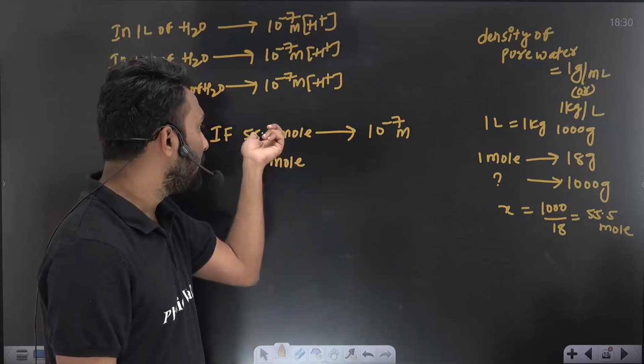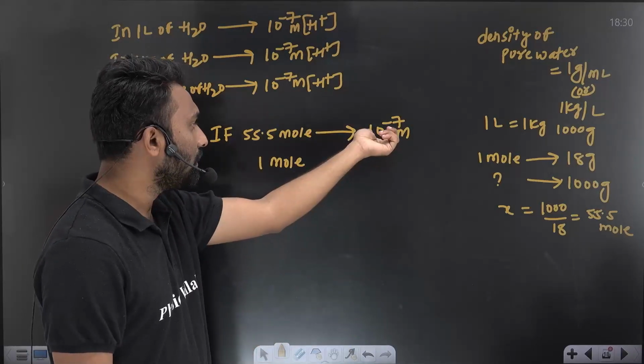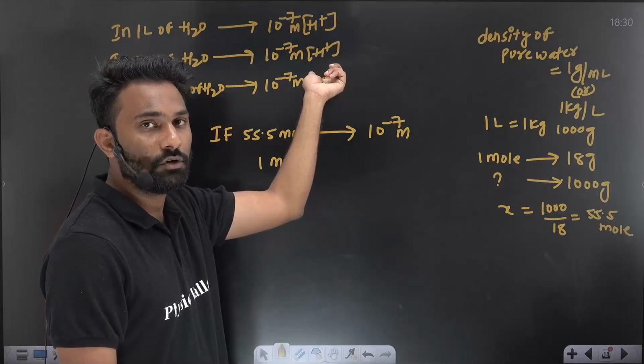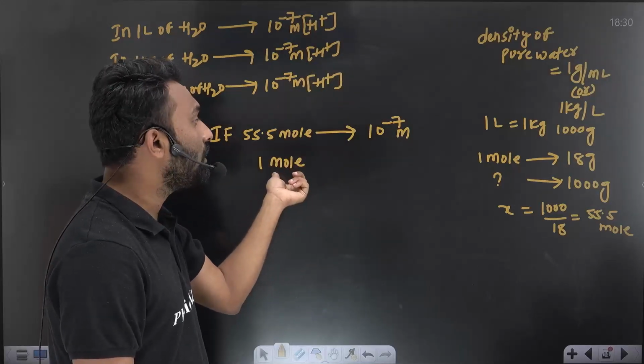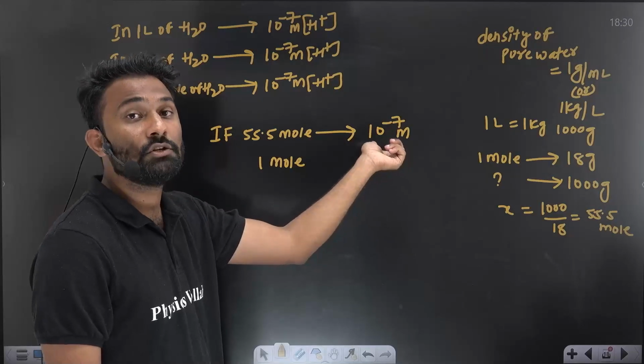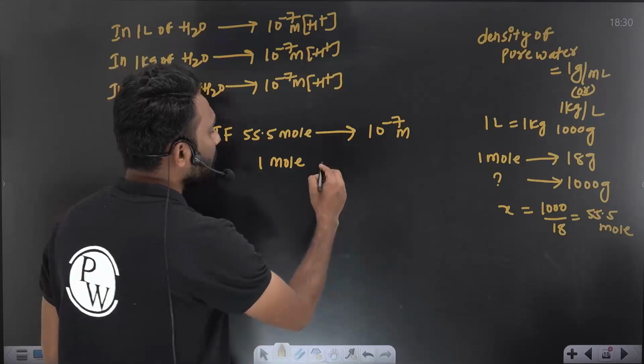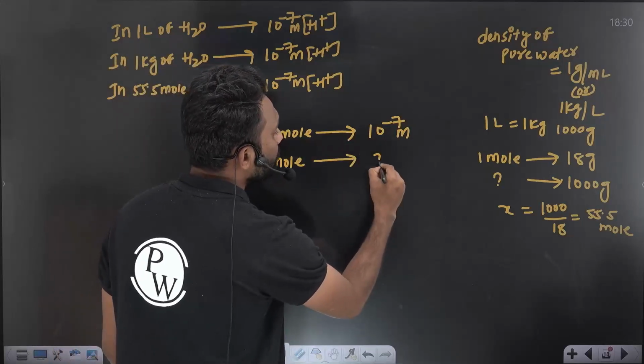Now 55.5 moles give 10 to the power minus 7 molar of H plus ion concentration, but I am finding out how much H plus ion concentration 1 mole gives.